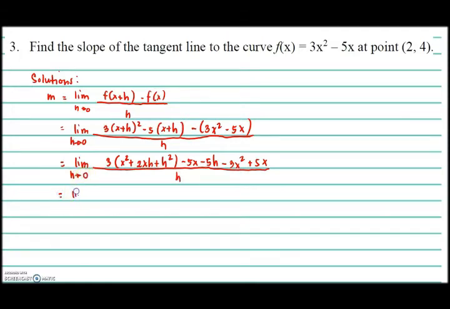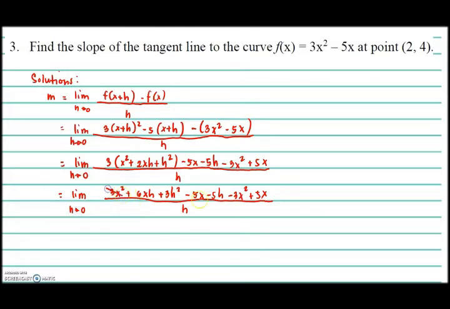Okay, distribute 3 now. So you have 3x squared plus 6xh plus 3h squared minus 5x minus 5h minus 3x squared plus 5x all over h as h approaches 0.